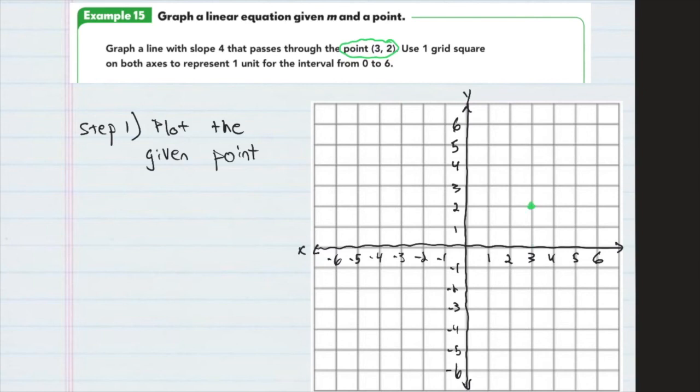So right there. And then we are going to use our slope, which is rise over run, to find a new point.